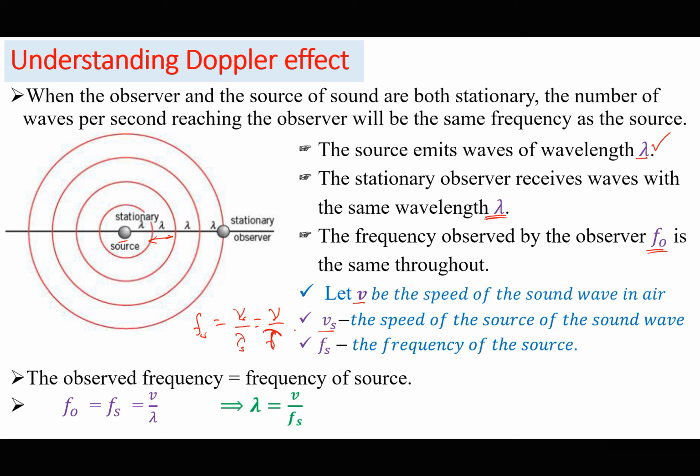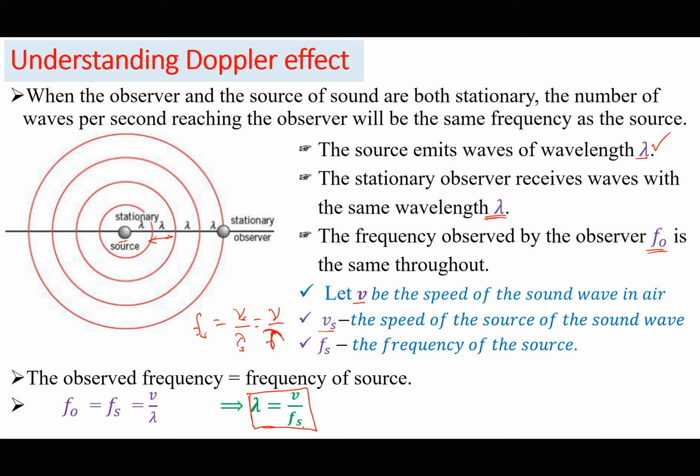Remember, the stationary observer receives waves with the same wavelength lambda. So when I make lambda the subject, the wavelength for the stationary observer in this case is lambda equals v over fs.